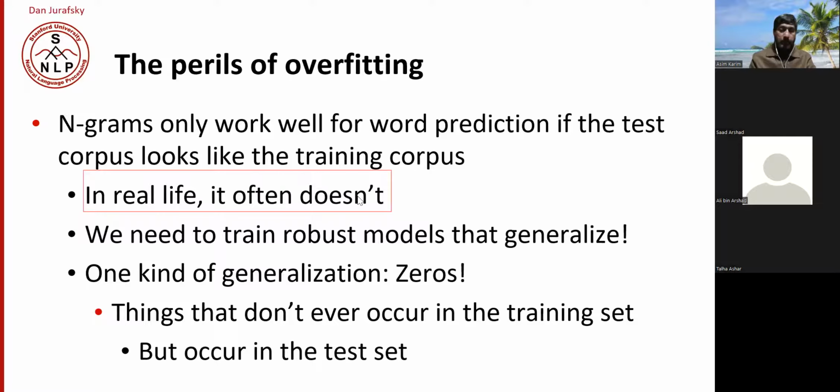In real life, this is not always the case. For example, you learn a language model on a huge corpus, let's say, but still you will be applying it on some other data set, which might be somewhat different. And you would like it to apply to different data sets, not just one data set. So robustness or generalization is very important in language models.